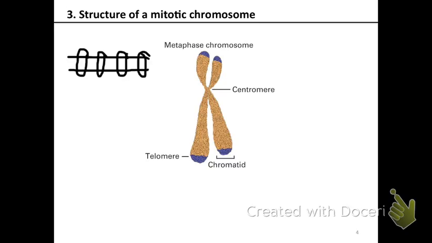When the cell is ready to go through mitosis, these cohesin rings are removed from the chromosome arms. Okay, so what you're going to have is these cohesin rings removed, except at the centromere.